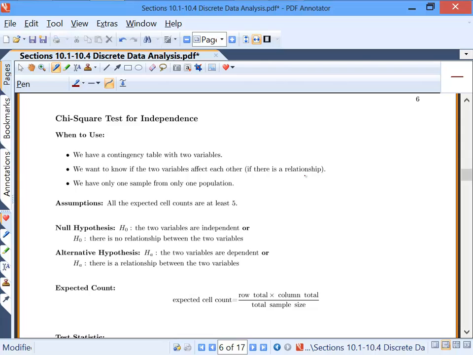Okay, so we just took one sample of people from the one university and then cross-classified them into gender and job type. Assumptions is again that all the expected cell counts are at least 5. The null hypothesis is that the two variables are independent or that there is no relationship between them. And the alternative hypothesis is that they're dependent or that there is a relationship.